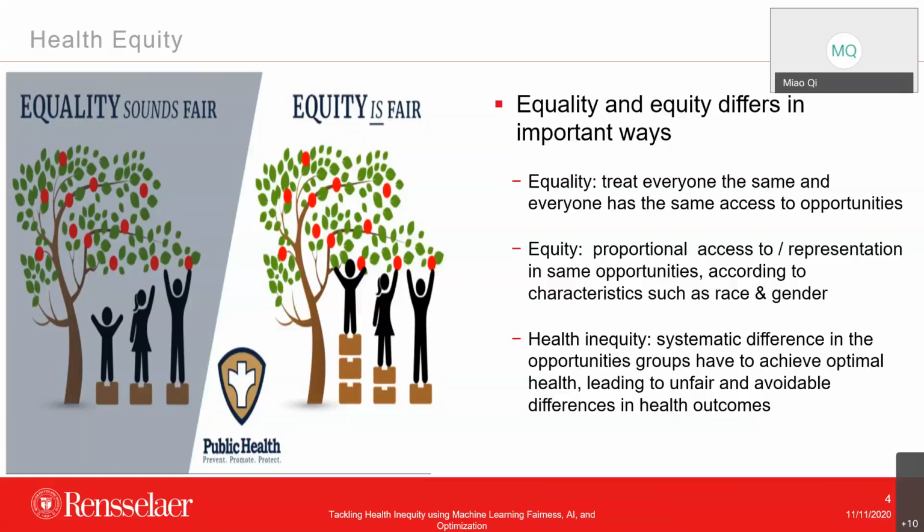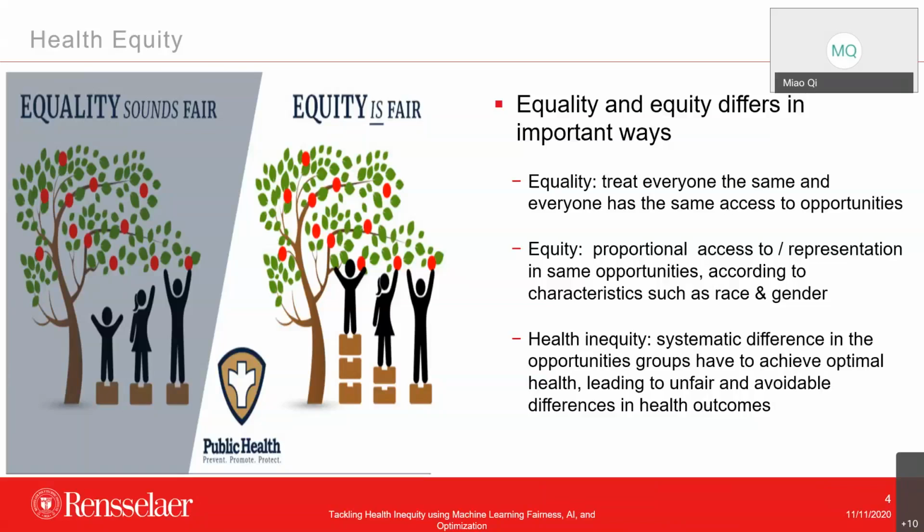So if we treat these people equally, we would give everyone the same box to stand on, so only the tallest person could reach the fruit. But if we treat them equitably, we will give them as many boxes as they need to reach the fruit.